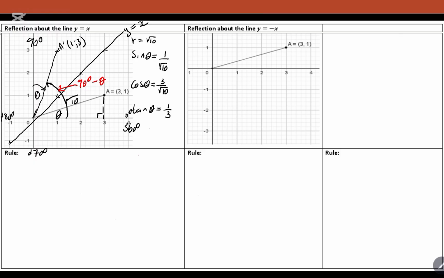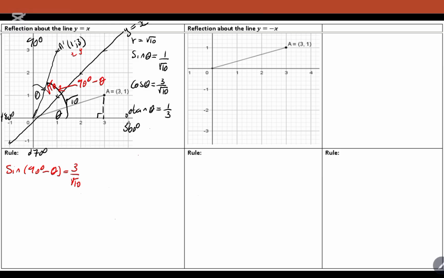So let us then look at our trig ratios. Sine of 90 degrees minus theta. Now sine is opposite over hypotenuse. The length of the terminal arm is still square root of 10. So this will be 3 over square root of 10. This is our value of y, that is x. So those coordinates have changed.